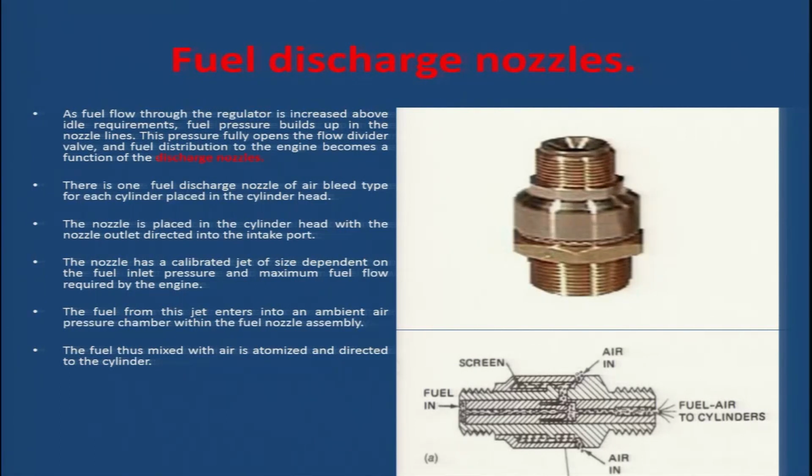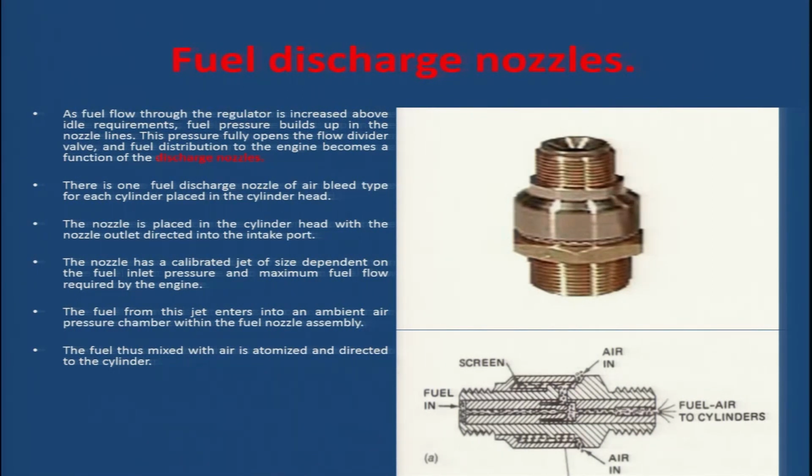We have seen in the injector system, the injector had a fuel injector. The fuel injector in itself had an airflow section, regulator section, and a fuel metering section. From the injector, the fuel was supplied to the flow divider. The purpose of the flow divider was to distribute the fuel equally at idle speeds and above idle speeds, and from the flow divider the fuel goes to the fuel discharge nozzle.